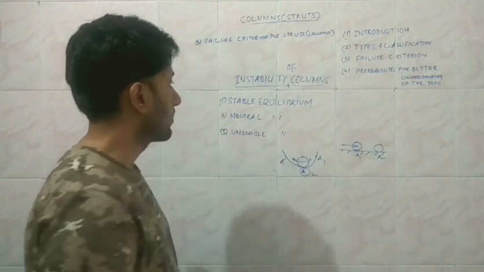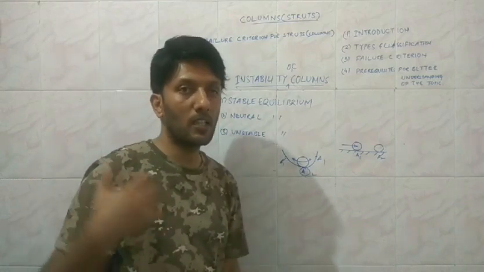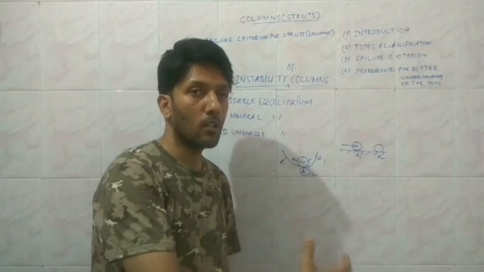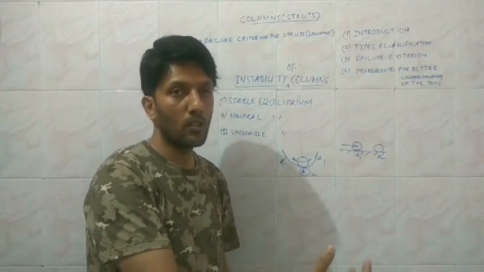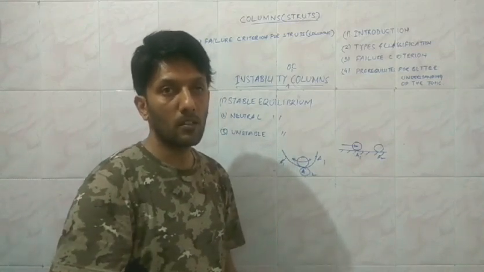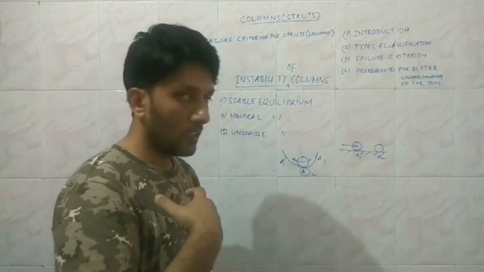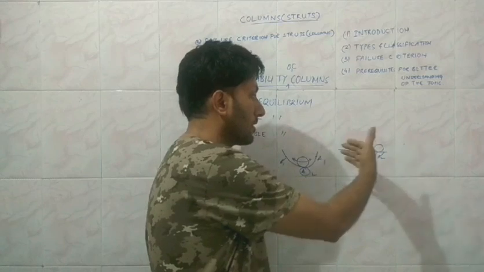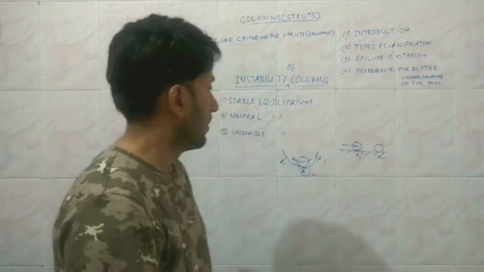Such a situation is known as neutral equilibrium, that is, depending upon the amount of the disturbance, it acquires a new equilibrium state. It is never going to regain its original equilibrium state, other than if the disturbance is provided in the opposite direction with the same magnitude.